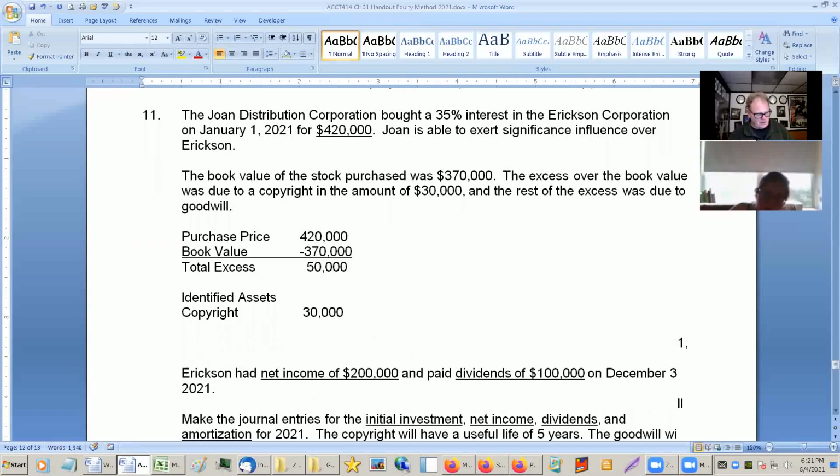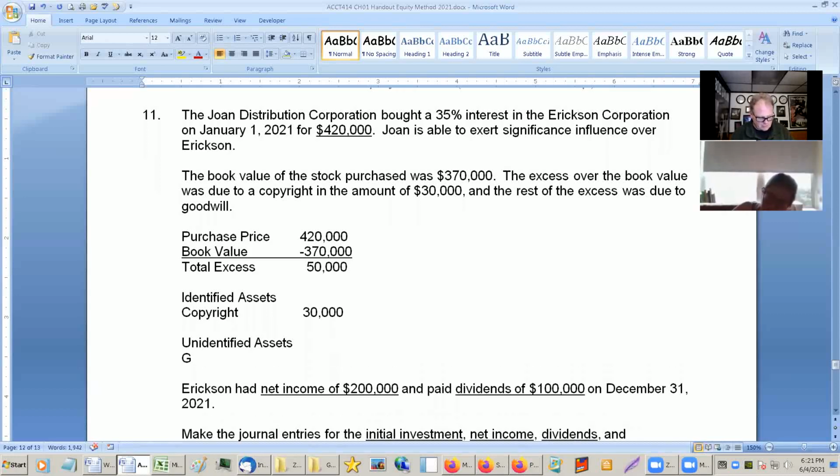Now, they also have what they call unidentified assets, and this is what we're generally talking about as goodwill.